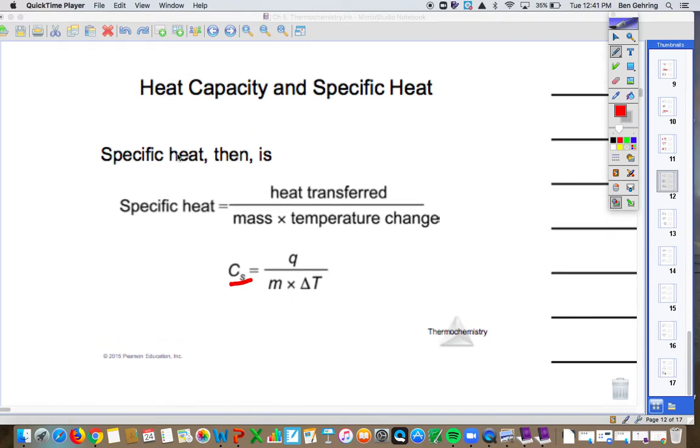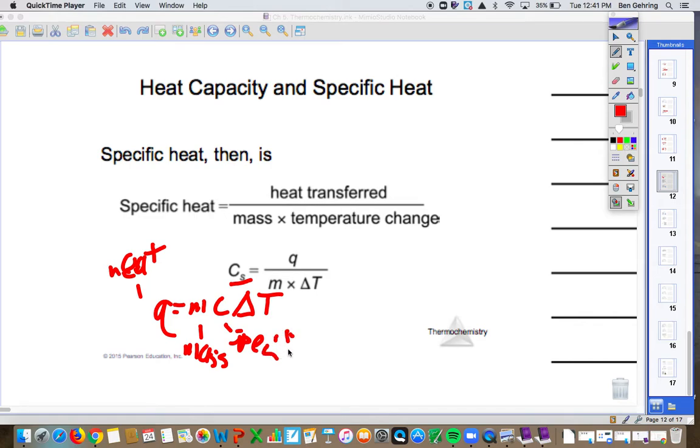I always show my students this equation, written as Q equals M times C times delta T, where Q is heat, M is mass, C is specific heat, and T is temperature.